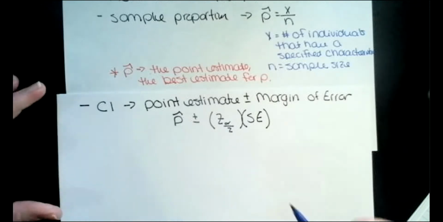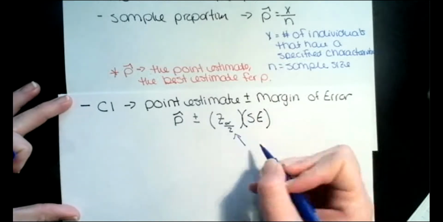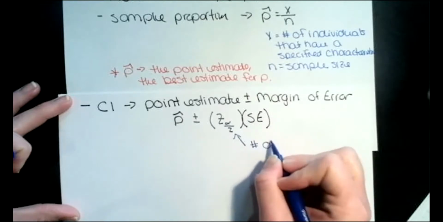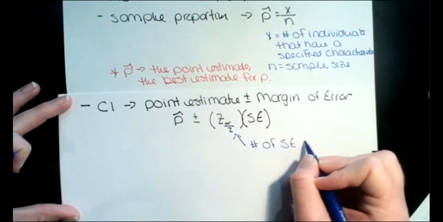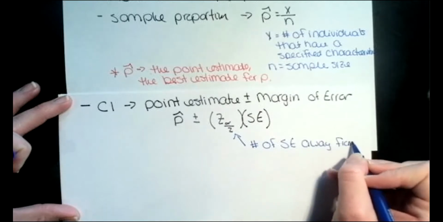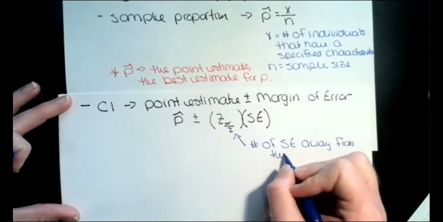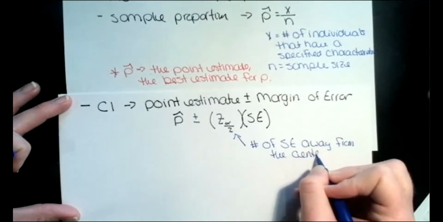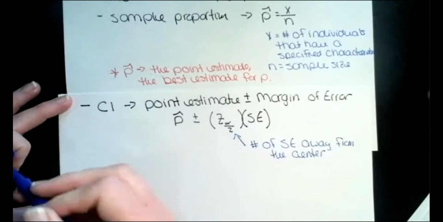So z here is the number of standard errors away from the center. And the center here is p hat.